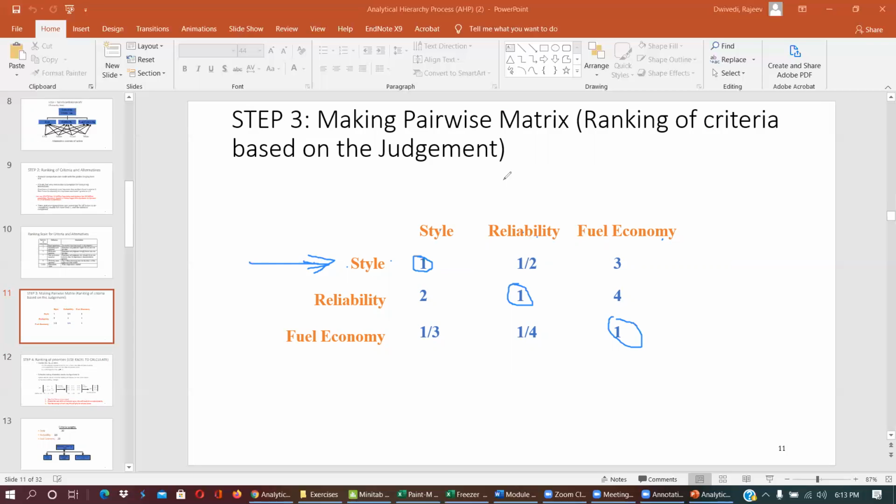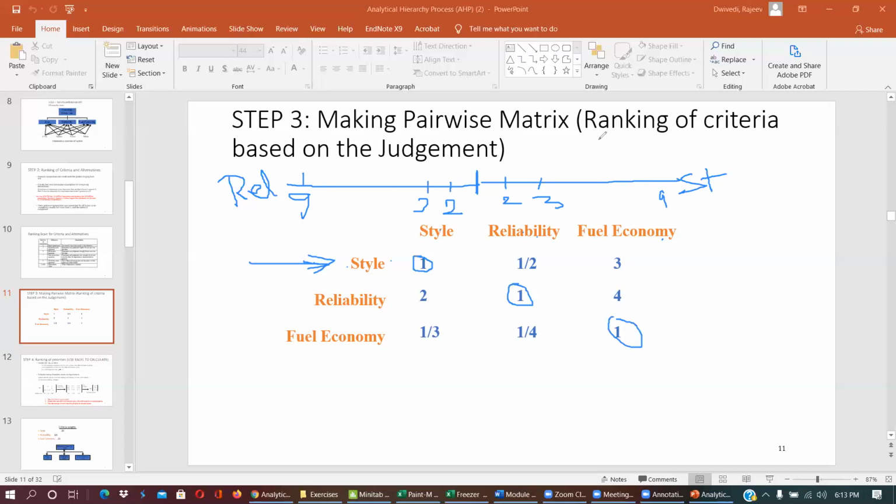So if I see here, I put the scale here, and this is 1. I put here style. I put here reliability. So 2, 3, all the way to 9 here.